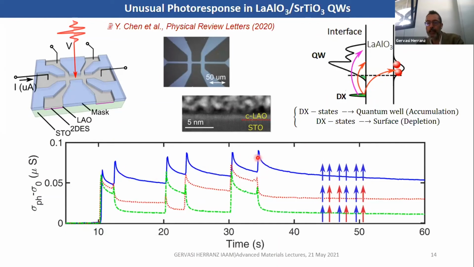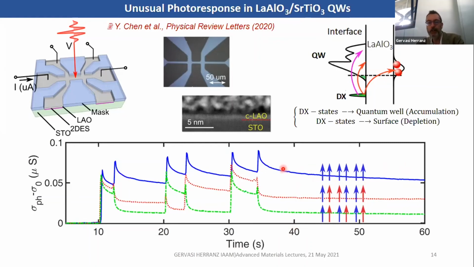And there is one first interesting thing, is that when you remove the illumination, the changes in conductance are plastic. So the conductance is not going to the initial state, so it is plastically changed.